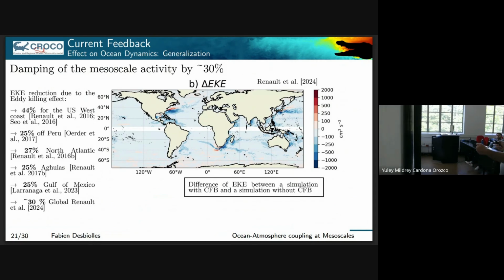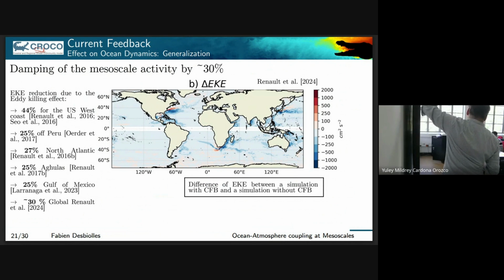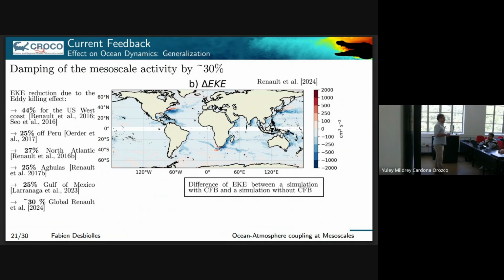This is without coupling, just using the relative wind. This is coupling in a sense, shown with over-coupled simulations, in the sense that the stress is computed with the relative wind. The one without OASIS, and this one is with OASIS.